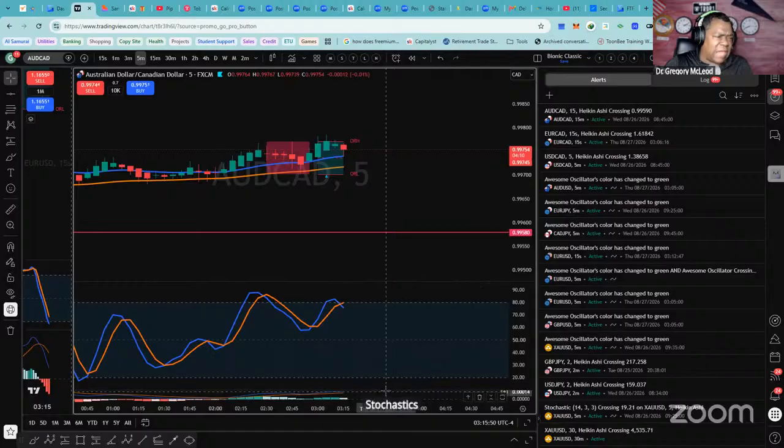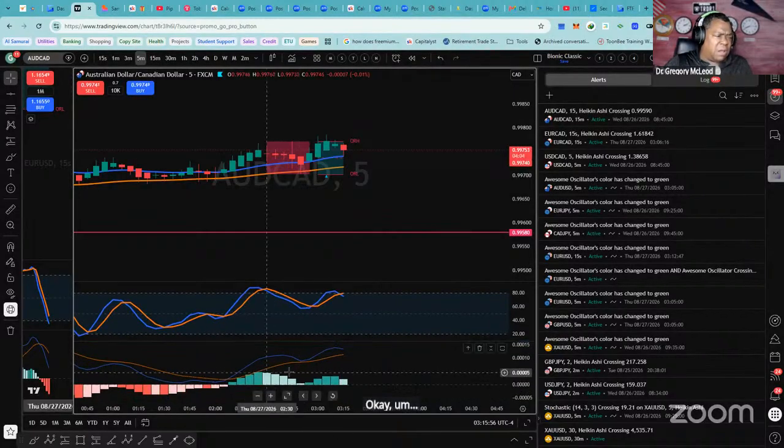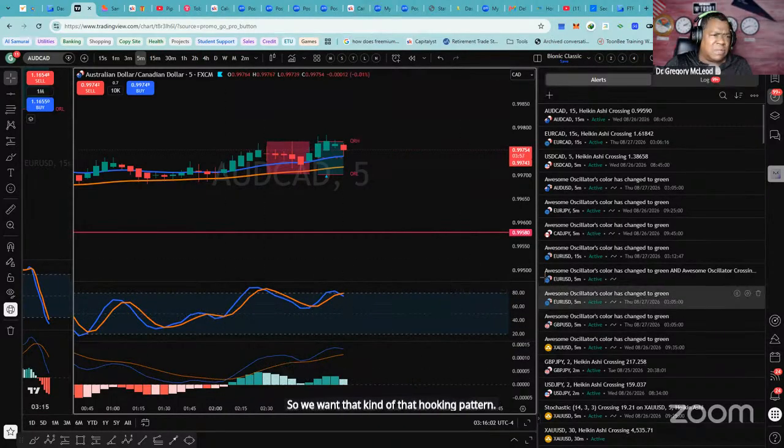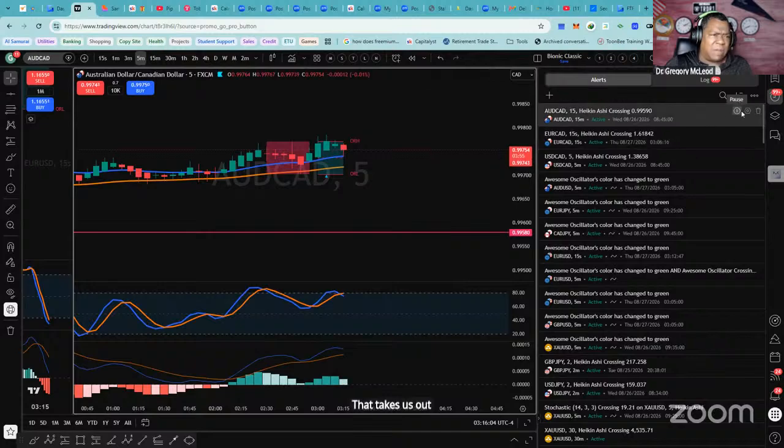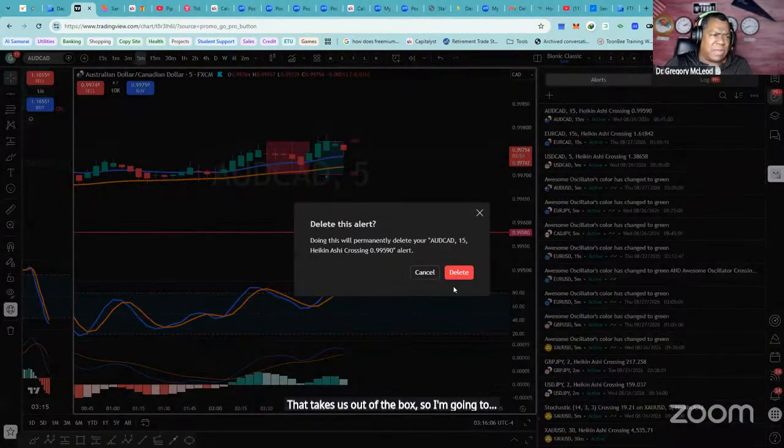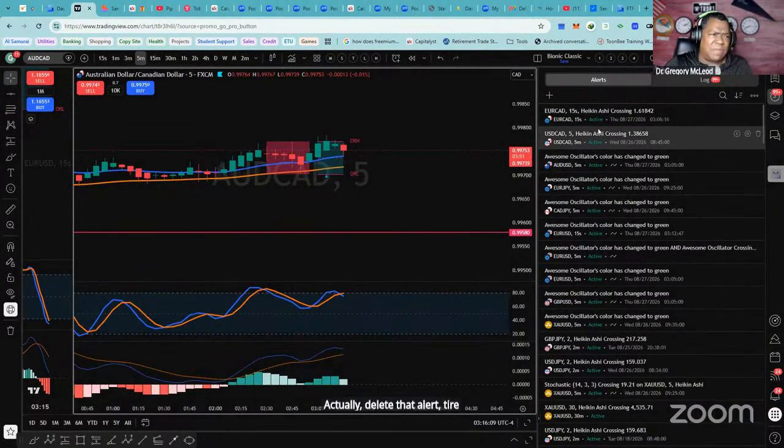Stochastics is kind of hanging around, okay. And our histogram is turning down. So we want that hooking pattern that takes us out of the box. I'm going to actually delete that alert, tired of that thing beeping.